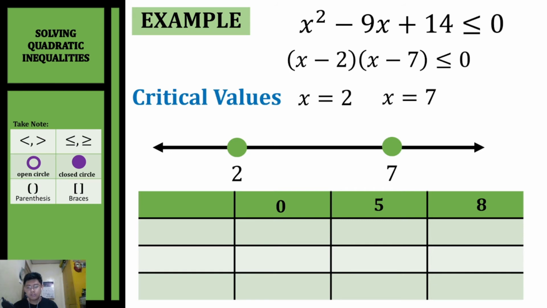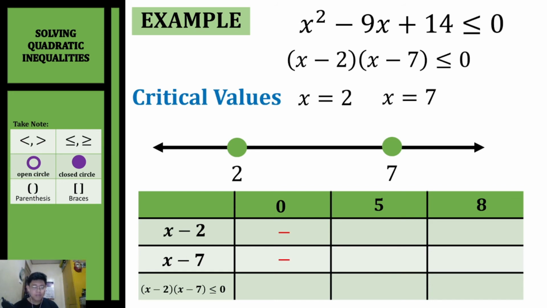We will substitute our representatives to our factors and test if we will have a number that is less than or equal to 0. Now, let's test our first candidate, which is 0. So, 0 minus 2 is a negative number. Since this is a table of signs, take note that we are just going to take the signs. 0 minus 7, that will be negative.